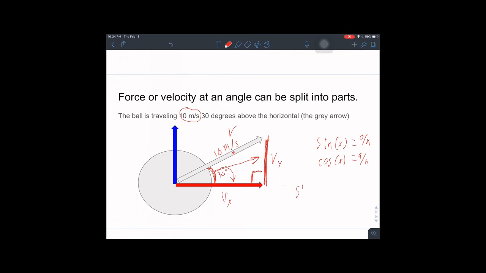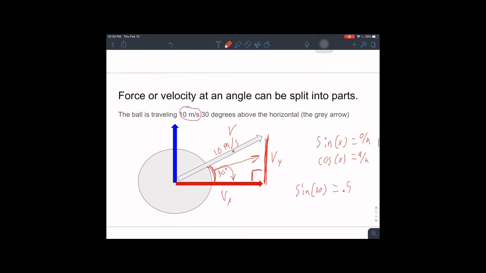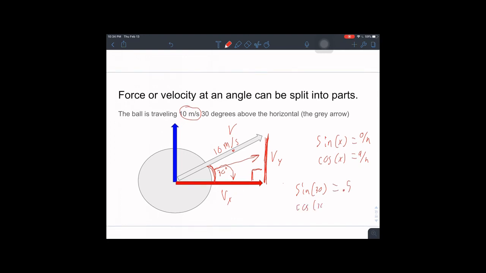So if we were to solve for this, sine of 30 is equal to approximately 0.5, exactly actually. Cos of 30 is equal to 0.866.